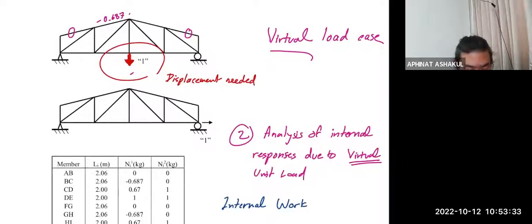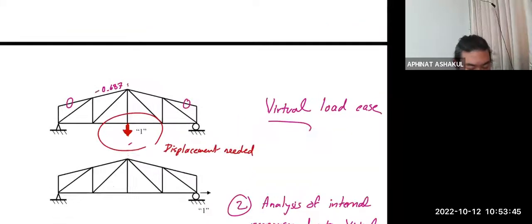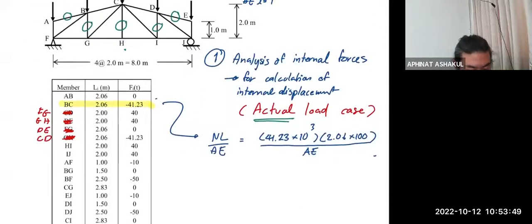That means the internal force with respect to this unit load is also compression, which means the member is shortened.